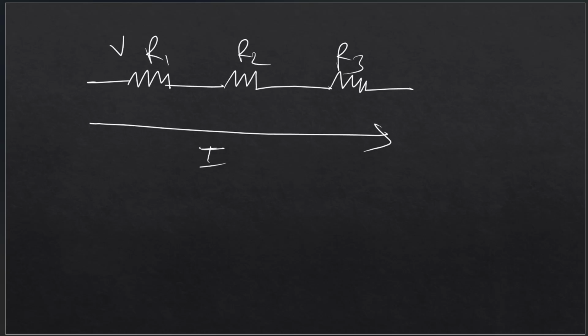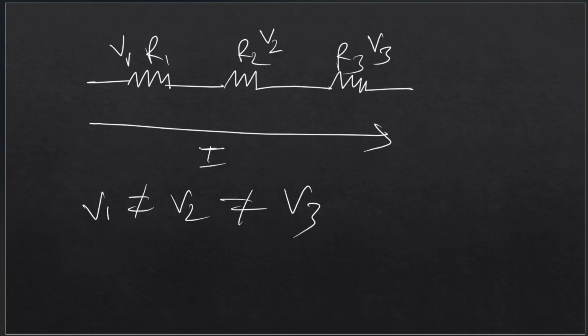R1 would have an individual V1, R2 would have a different V2, R3 would have a different V3, where V1 would not be equal to V2, would not be equal to V3. So in a series circuit, the voltage around each resistor is different, but the current flowing through each resistor is the same.